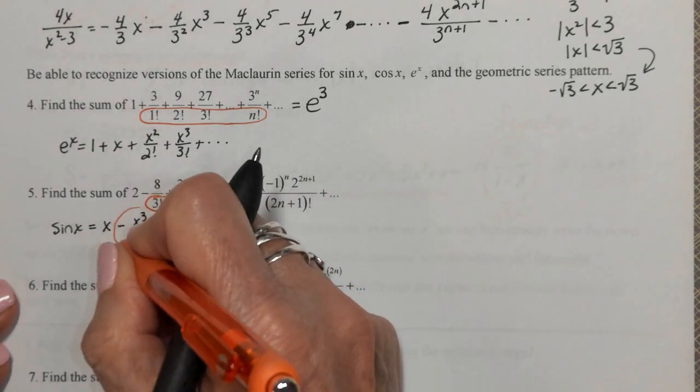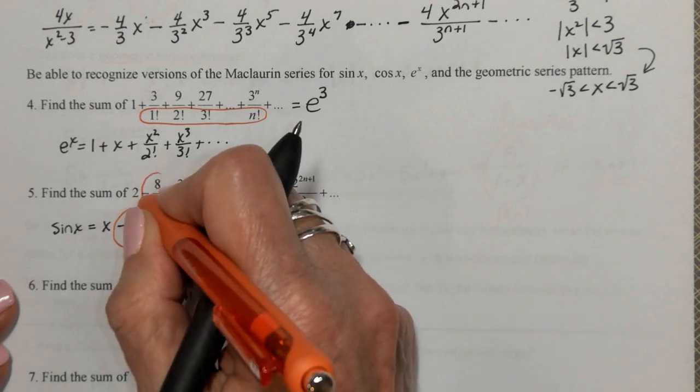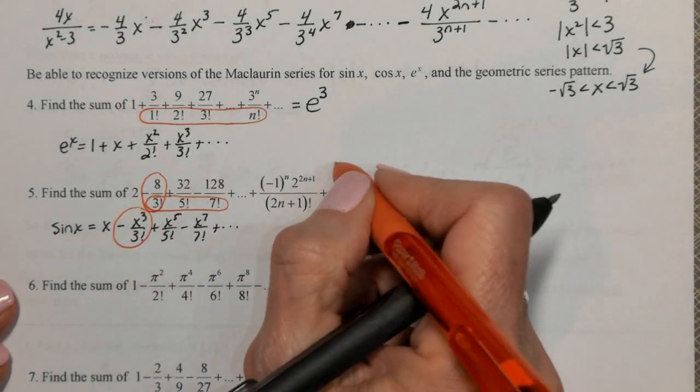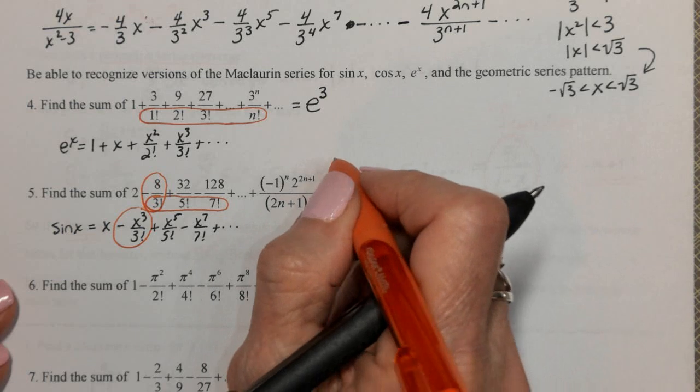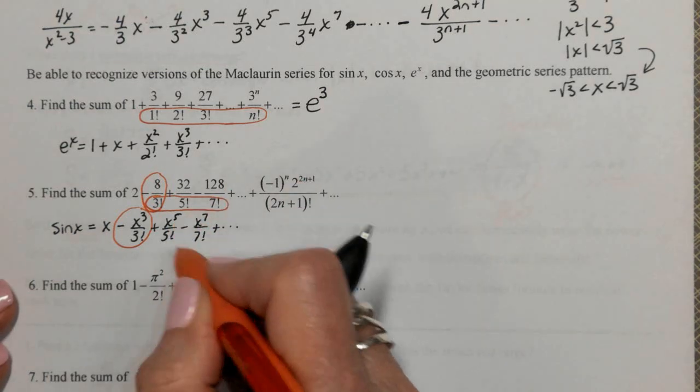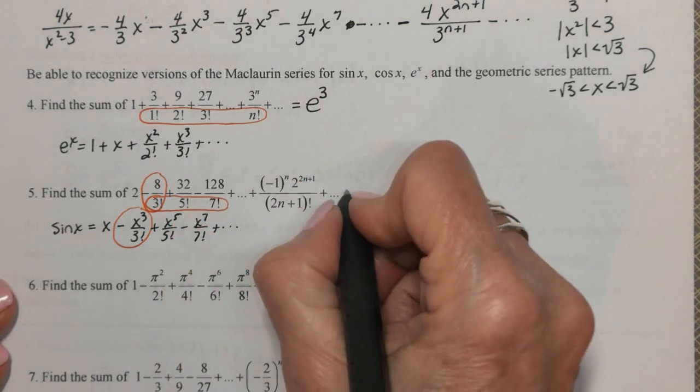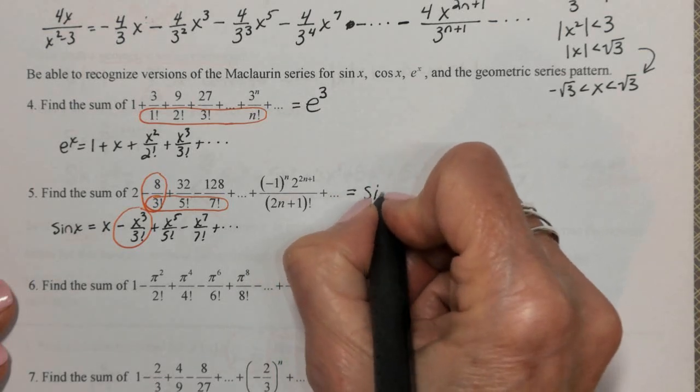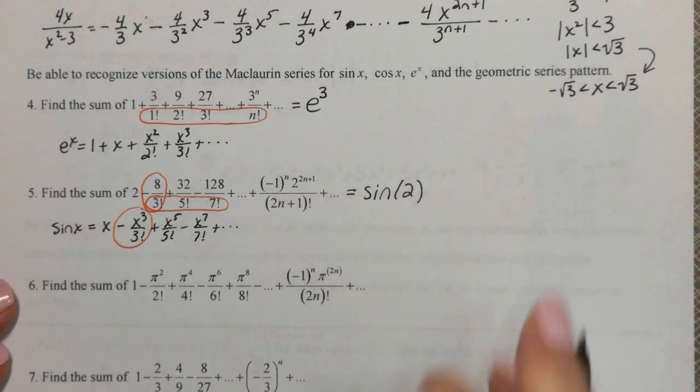Well, I see the negative x cubed over 3 factorial. Here's negative 8 over 3 factorial. X must be 2. Does it work for everything? It does. So this is sine of 2.